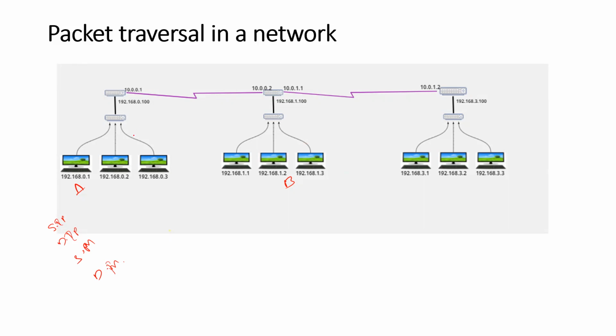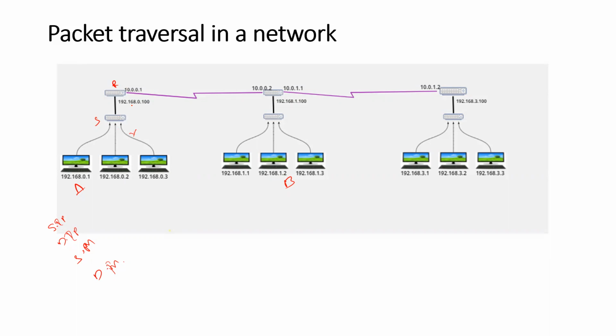While we are sending information from A, it will send to the switch, then the router. When the traffic is going out of the switch, it will send a broadcast message for the first time. But the destination IP is not available here. The destination IP is 192.168.1.2, and here we have only 0.2, so it is not available.